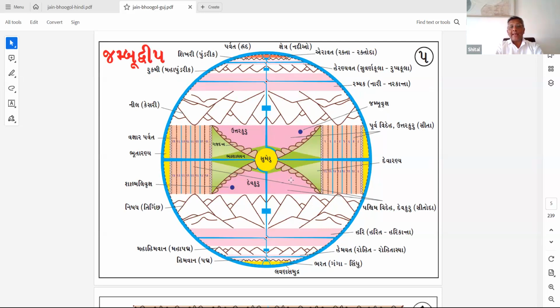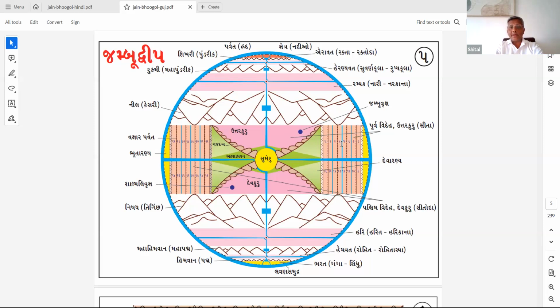Each Meru has its own Bharat Kshetra, its own Videh Kshetra, its own Airavat Kshetra, and each Videh Kshetra has 32 Nagaris. We've seen that there is a river. This is Sita Nadi, this is Sitoda Nadi, and because of them this Videh Kshetra is divided into 2 segments.